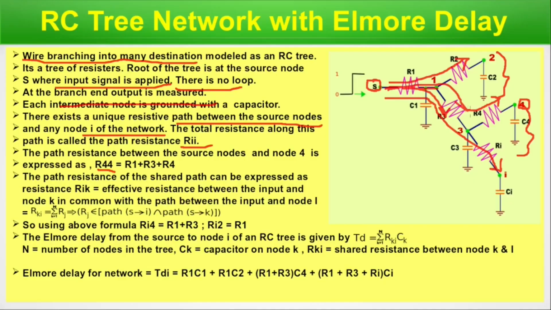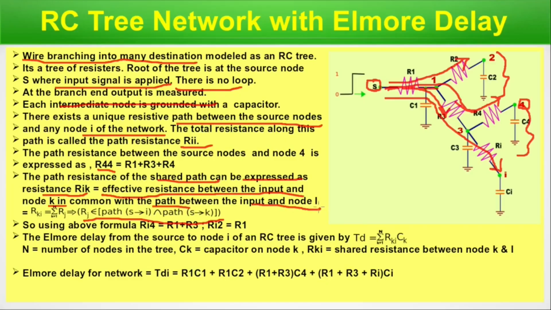The shared path resistance can be expressed as Rik. The shared path resistance is calculated by a formula: summation of Rj, where k is from 1 to n. This is the effective resistance between the input and node k in common with the path between the input and node i.